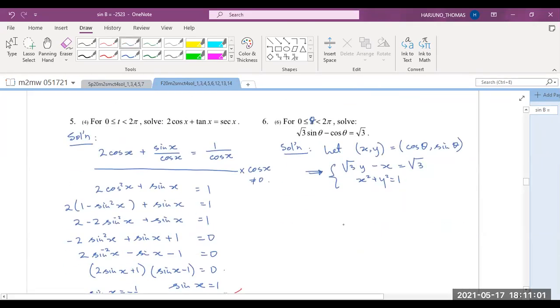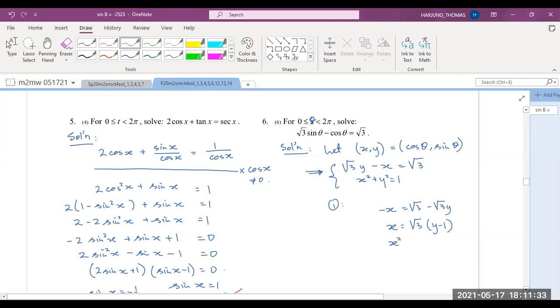So number 6, this will be square root of 3y from equation 1 equals radical 3 plus x. Oh, you know what? I will isolate the x instead. So negative x equals radical 3 minus radical 3y, so x equals radical 3y minus 1.